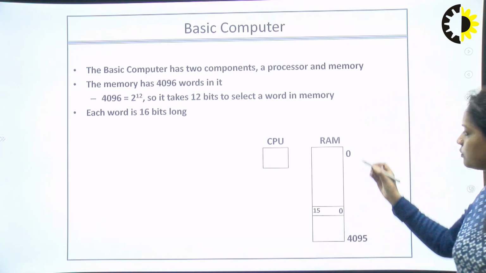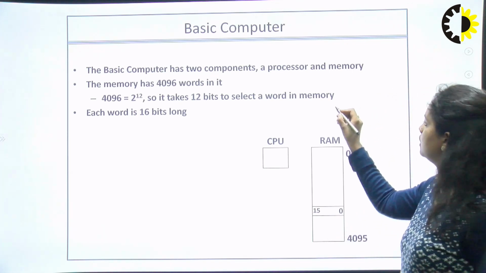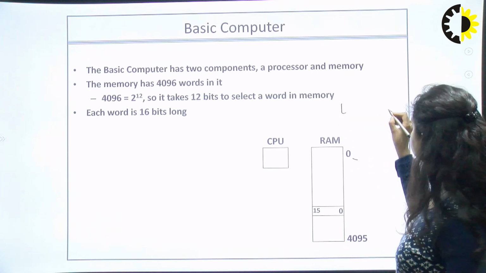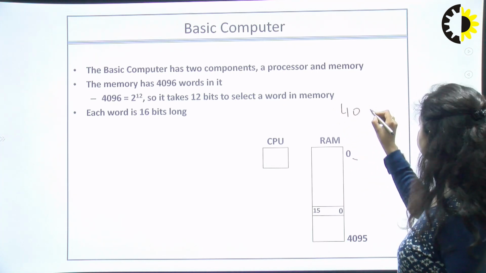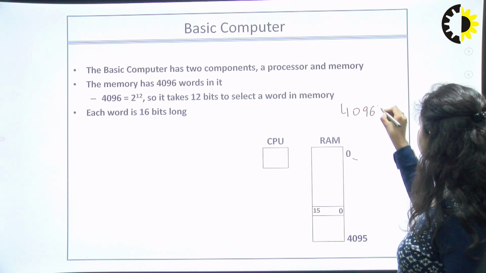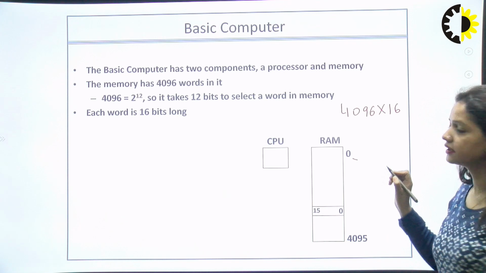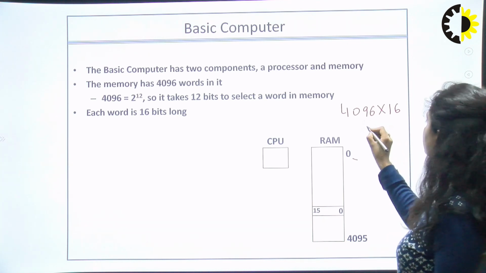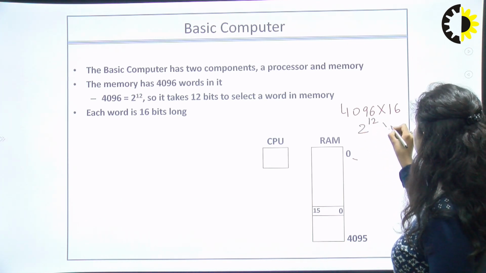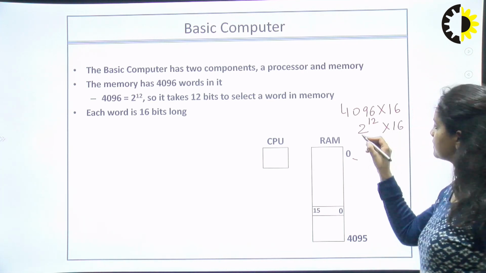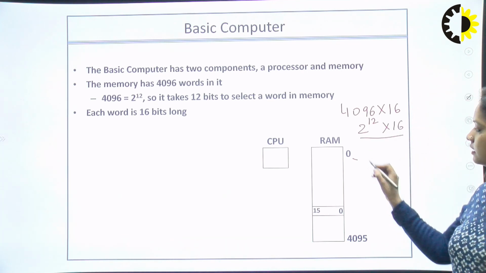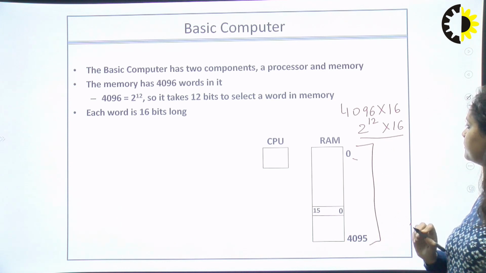So we are assuming this RAM to be 4096 into 16, that means 2 raised to power 12 into 16. This is the size of our complete RAM memory.